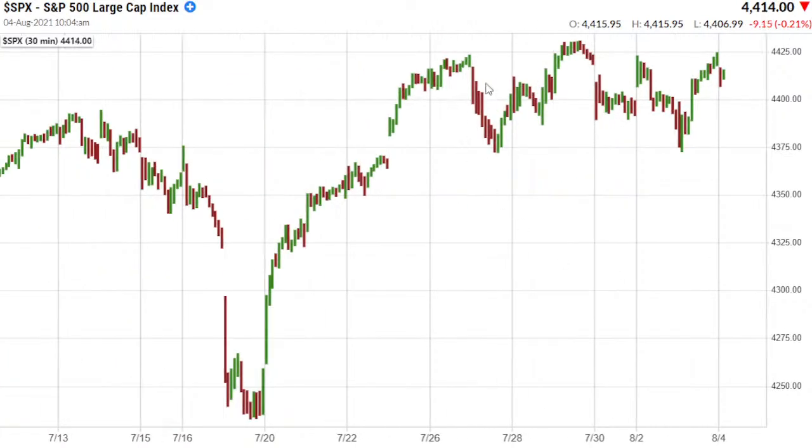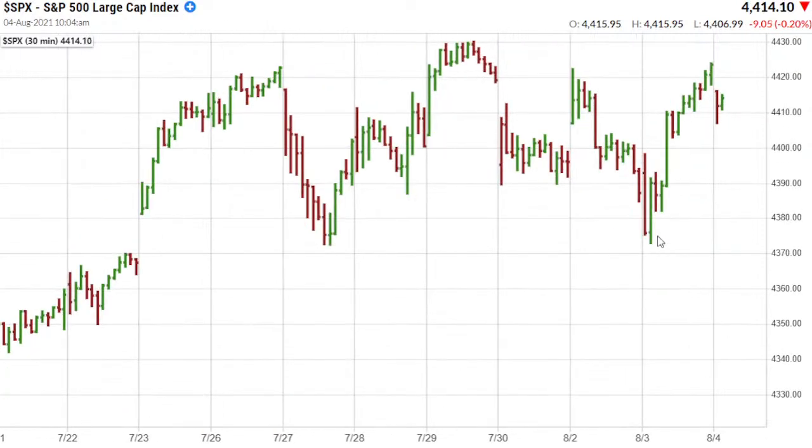But here's the thing, there's this big giant range. The funny thing is that yesterday morning, it literally retested the low end of the range and bounced right off of it. As a matter of fact, it just took off.